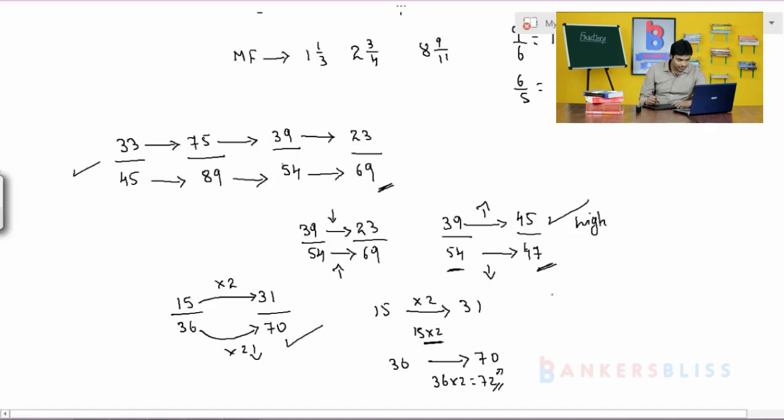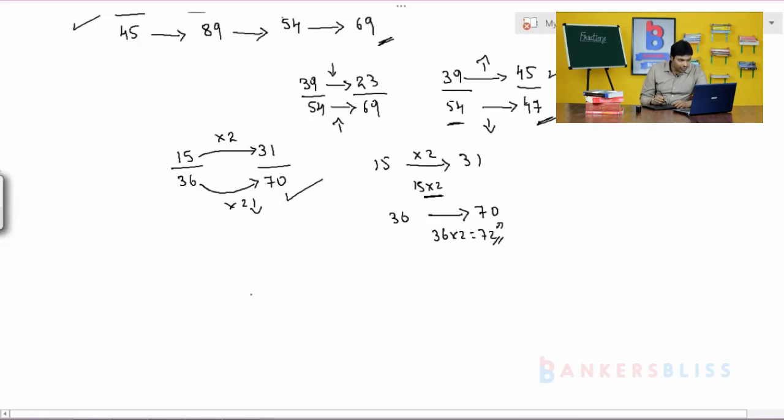See here, we may take one more example like this. See here, 15 by 36, the same example, it has become 29 by 74. So see here, 15 2s are 30, means less than twice it is increased. Next 36 2s are 72, more than twice it is increased.